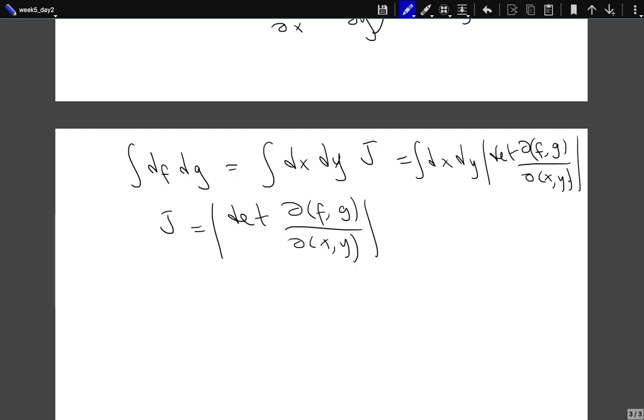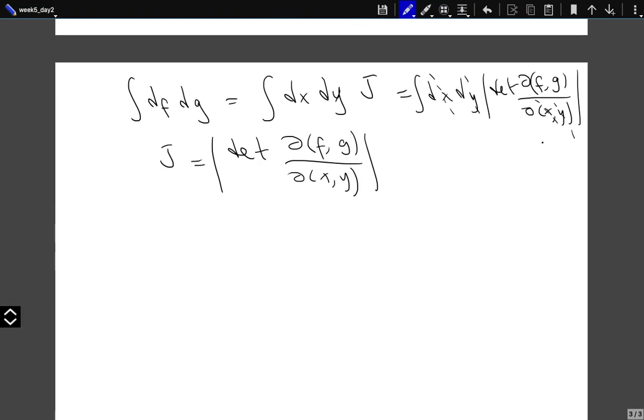The easiest way to remember which one is up and which one is down in that fraction is to hypothetically imagine canceling x and y here, and you will be left with f and g in the numerator.